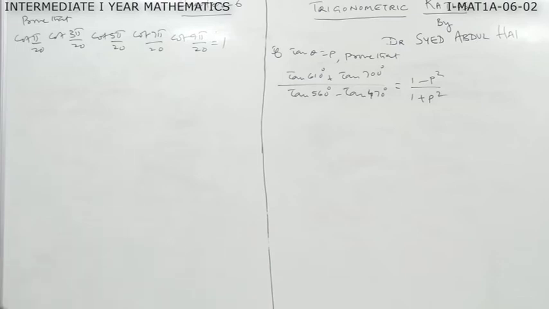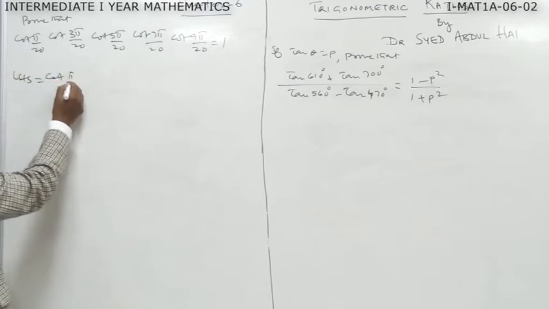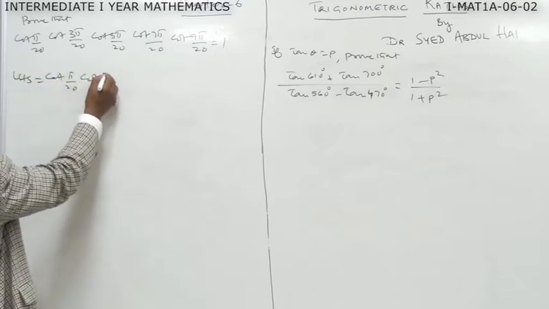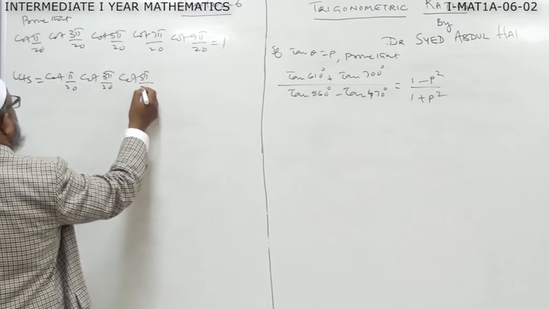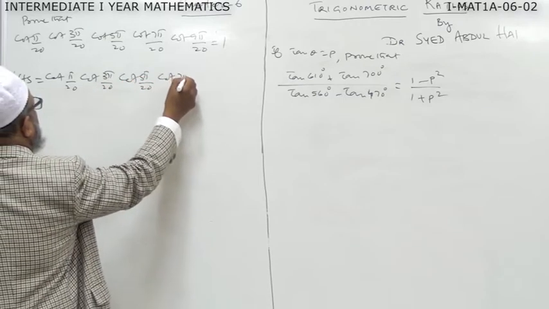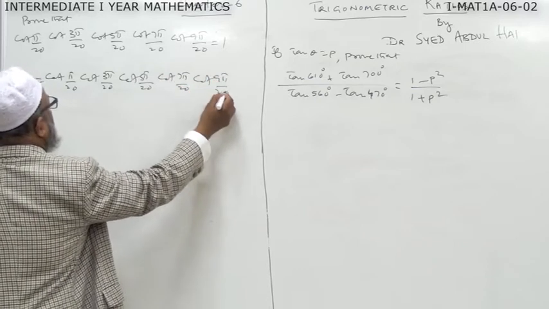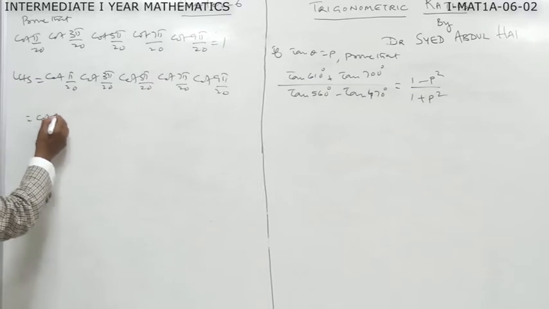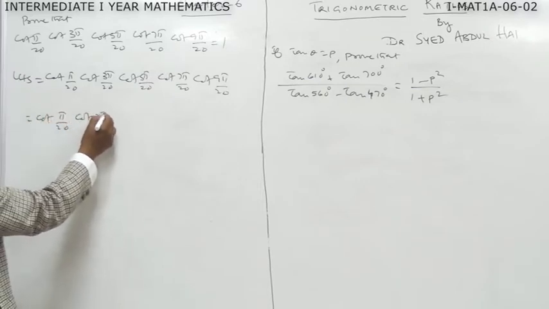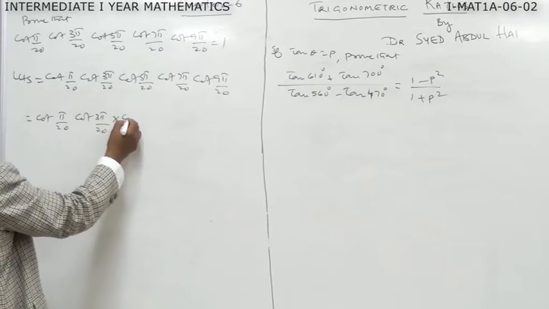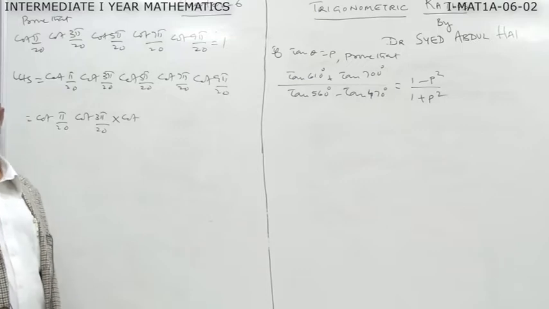Now, LHS: cot pi by 20, cot 3 pi by 20 remain as they are. Cot 5 pi by 20 is equal to pi by 4.